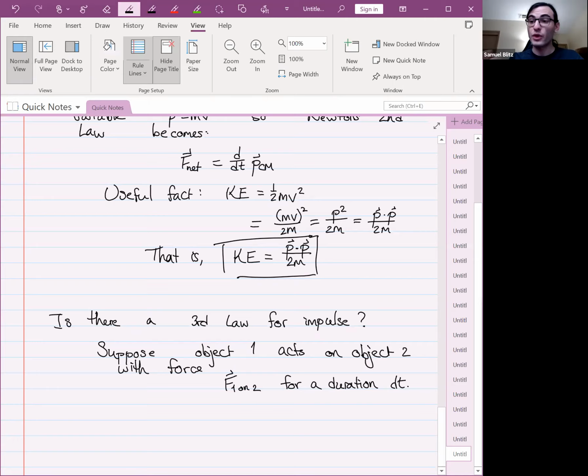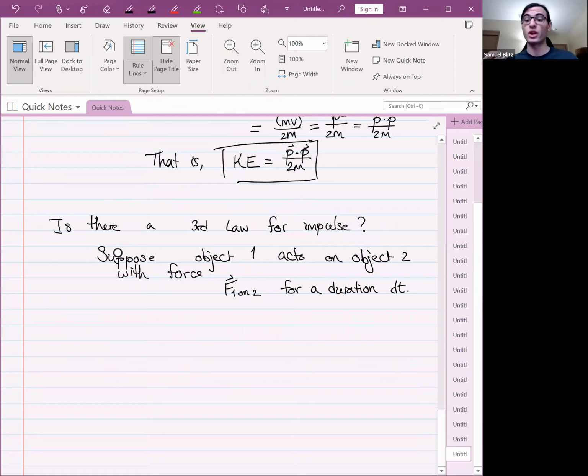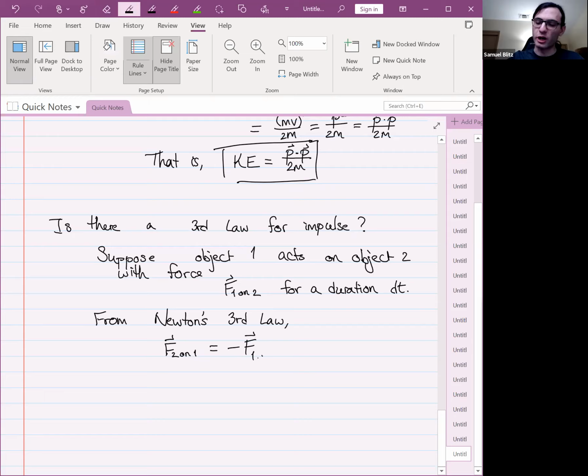Then, because of Newton's third law for forces, we can relate the force that object 1 applies to object 2 to the force that object 2 applies to object 1. The force that object 2 applies on object 1 is equal to negative the force of object 1 on object 2, right? That's Newton's third law.